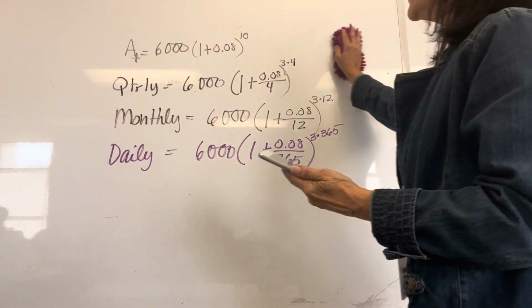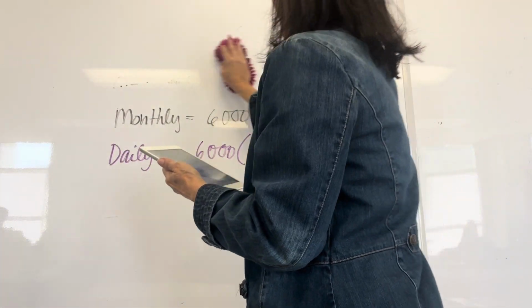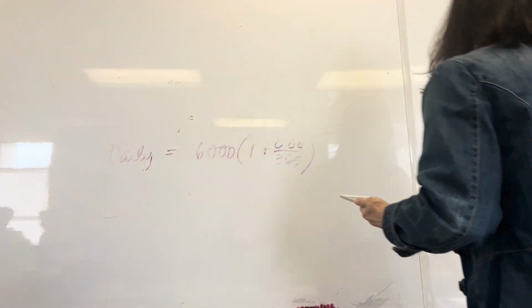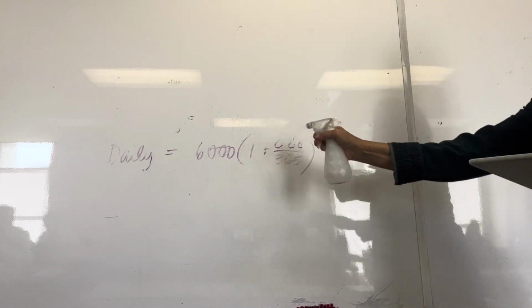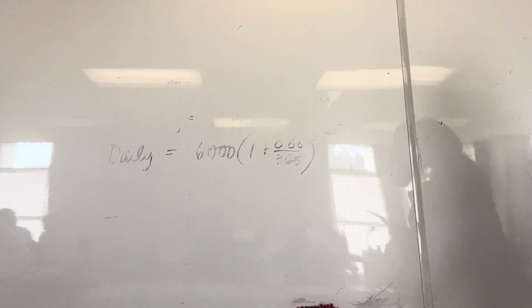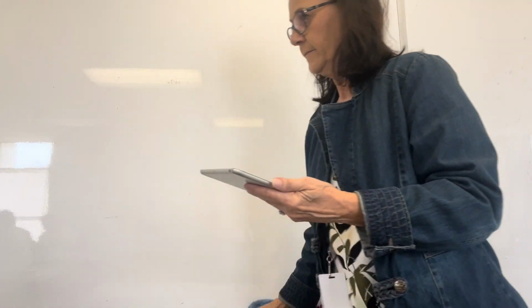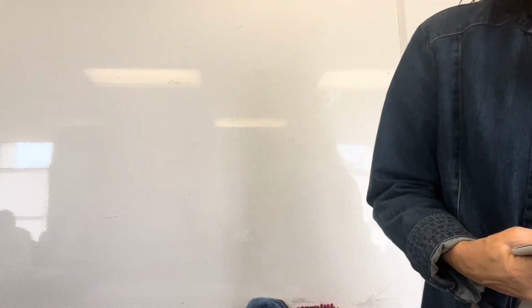If $5,000 is invested, all right, so 5,000 represents my principal. Yes. $5,000 represents the principal. Okay, y'all. I'm going to throw this marker away.